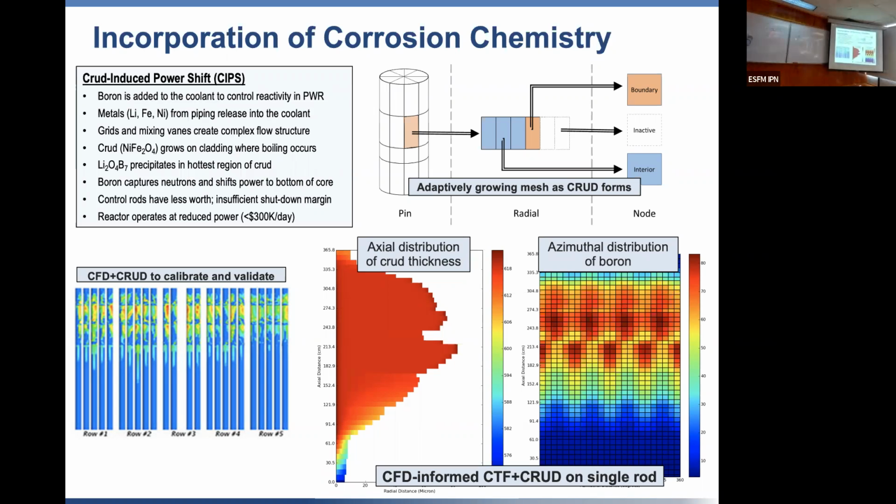So if we have our pin sitting here with our COBRA subchannel code, we can get my temperature on this side, this side, and this side. So I can break this up into 4 faces with 4 different temperatures, with that same axial 1 centimeter resolution.